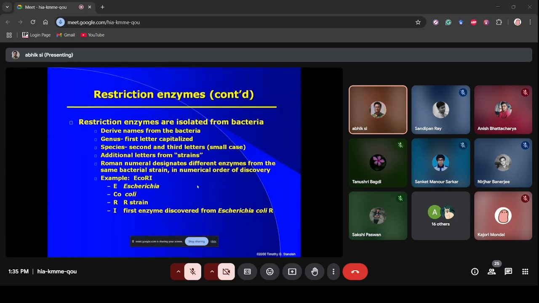If I ask that Haemophilus influenzae strain D produces one restriction endonuclease, what will be the name of that RE? Anybody?